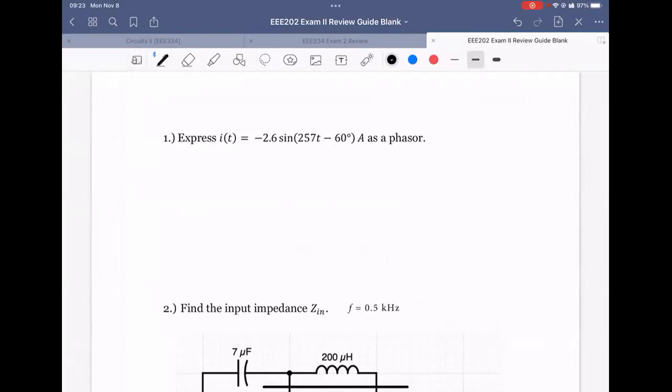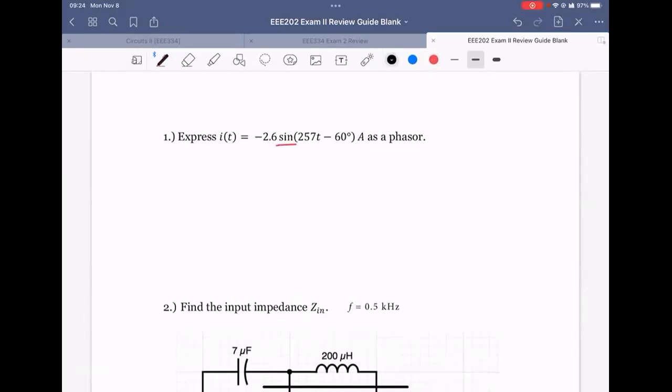And I made this one difficult. You may have to do one or both of these. We want to take this current and put it in phasor. So this is with respect to time. The first thing I would always look at is, is it in cosine or sine? And now this one we can see is sine.